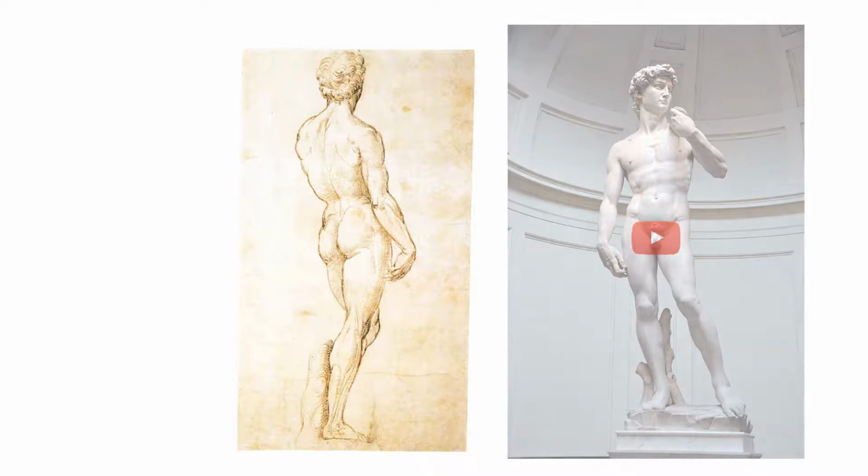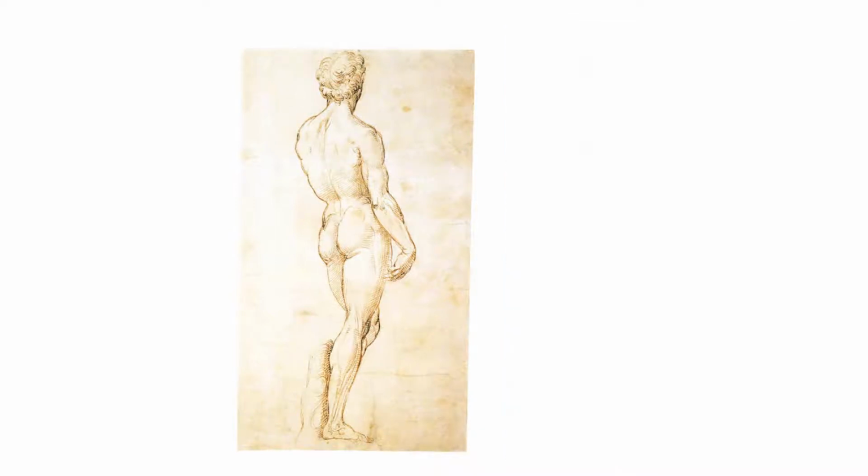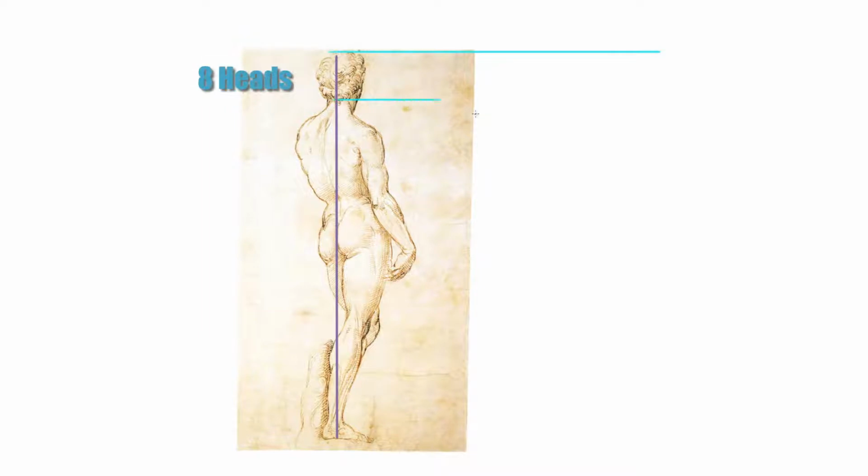Let's start right away. What I want you to do now is to draw a straight line over the area in which we will place our figure. Next, we divide this line into 8 equal parts, which are the heads that the perfect person measures according to this old Greek canon.